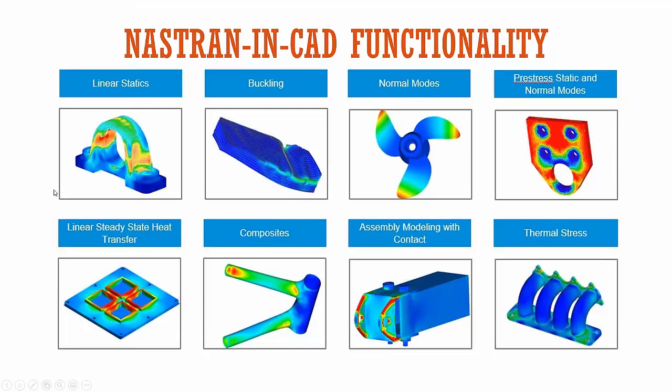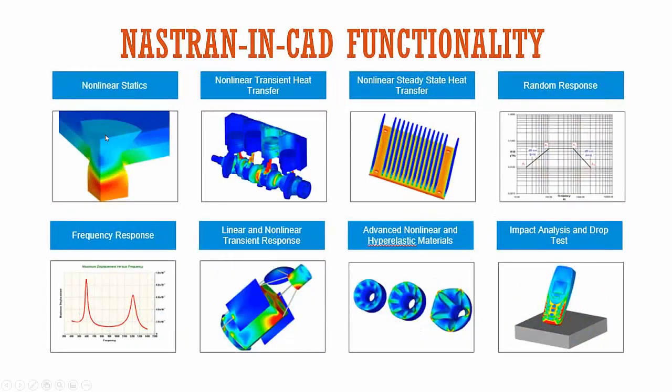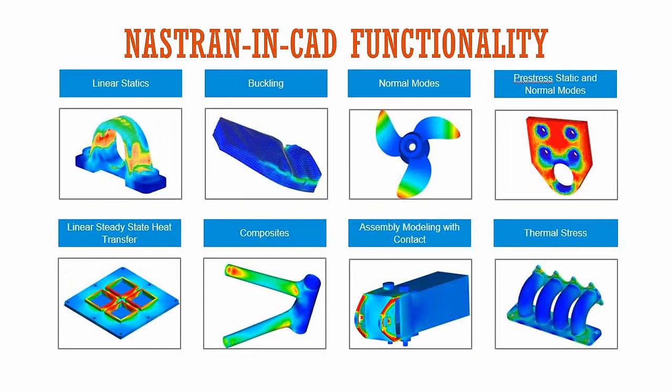That's where linear static analysis ends. But then comes nonlinear static analysis, which extends that graph up to the fatigue limit. That is, we capture the plastic region, we capture the fatigue region, and it gives us the complete analysis of a part. Then going on to buckling.